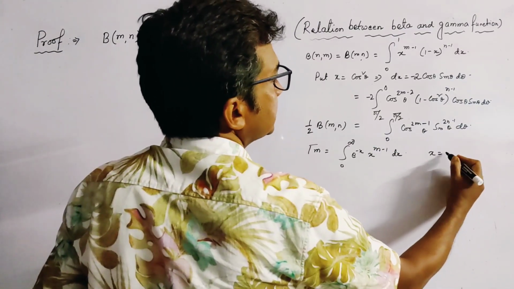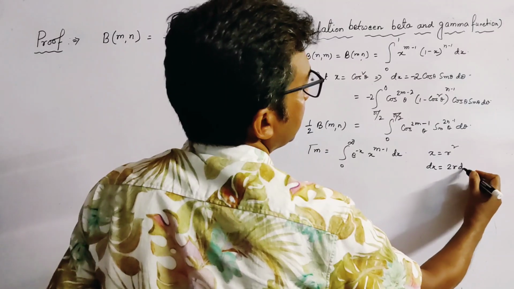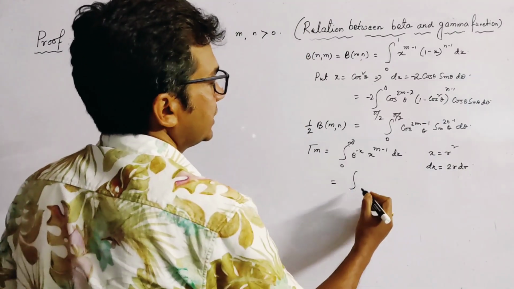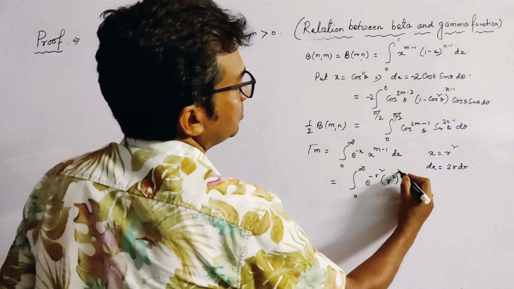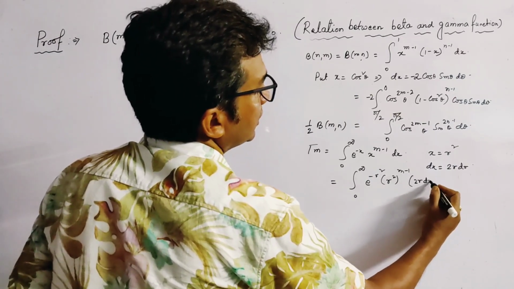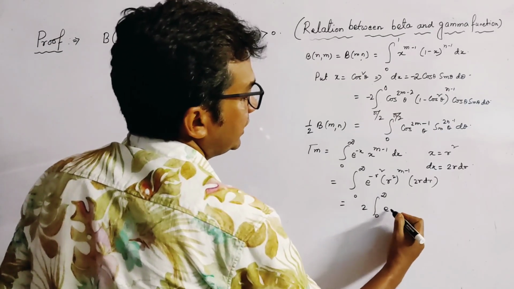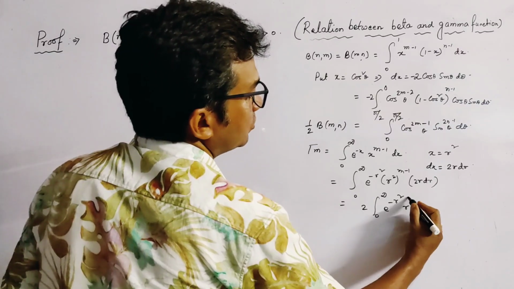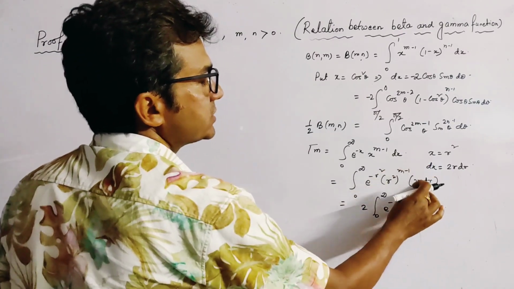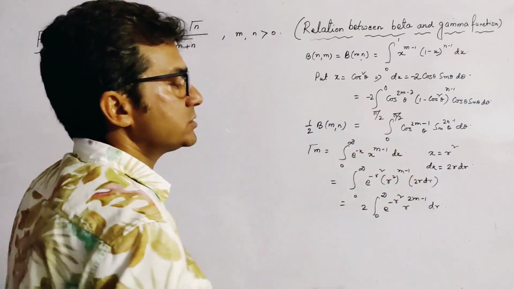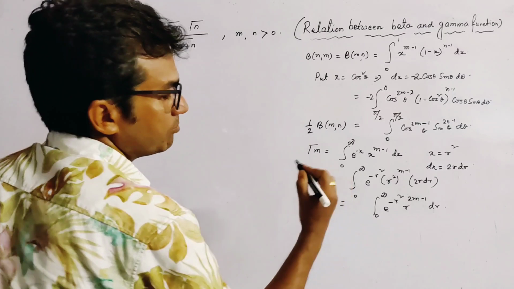Here we put x equal to r square, then we get dx equal to 2r dr, and we get integration 0 to infinity e to the power minus r square into r square to the power m minus 1 into 2r dr. So we get 2 into integration 0 to infinity e to the power minus r square into r to the power 2m minus 1 dr, because r to the power 2m minus 2 plus 1 is r to the power 2m minus 1, and we write this relation as half into gamma m.